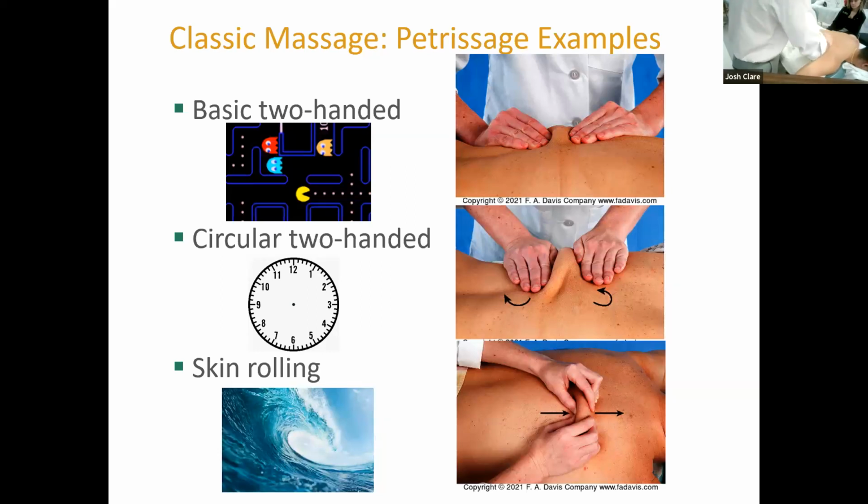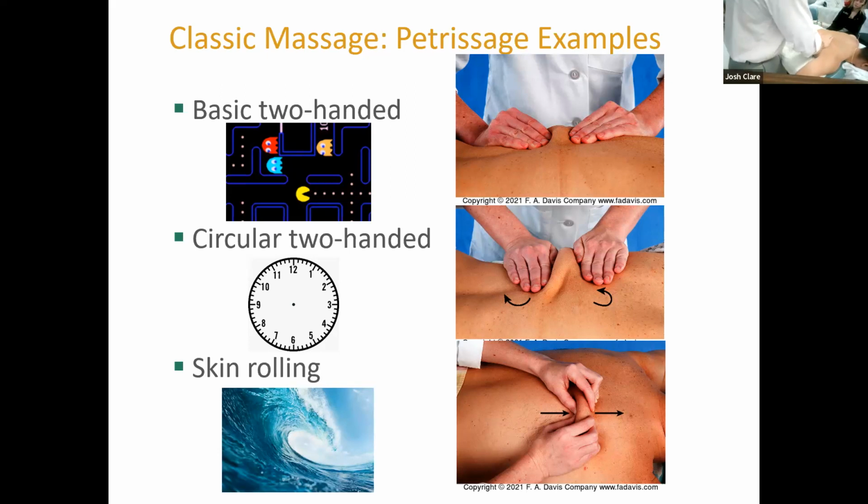This is probably just a little bit too fast. Does it feel like I'm pinching or pulling at all? It feels all right. So yeah, that's the basic. With all that extra skin, if there's more restriction, you can just focus your effort right there. So there's our basic two-handed.